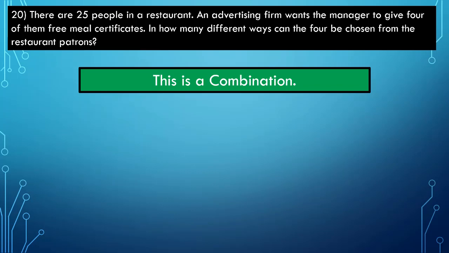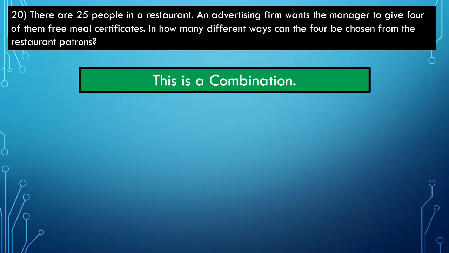Whether I give person A the meal card first and person D the meal card last, or I give D the meal card first and A gets it last, the same 4 people end up getting the meal card. So it was irrelevant when we looked at the order. That means this is a combination.